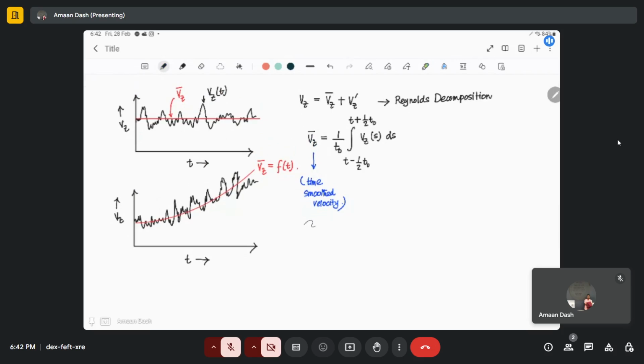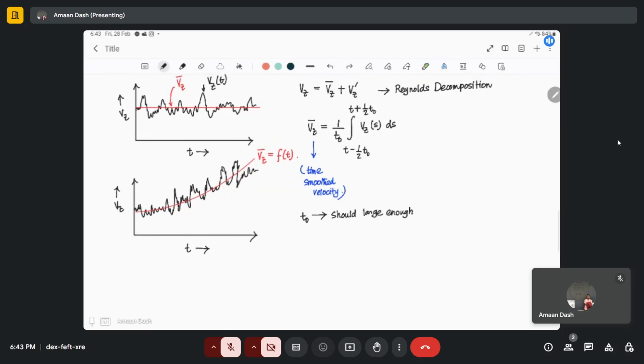This time t naught that we have should be large enough in comparison to the time scale of the fluctuations, so that we can get a smooth Vz bar, but it should be smaller than the application of any kind of external driving force like pressure.